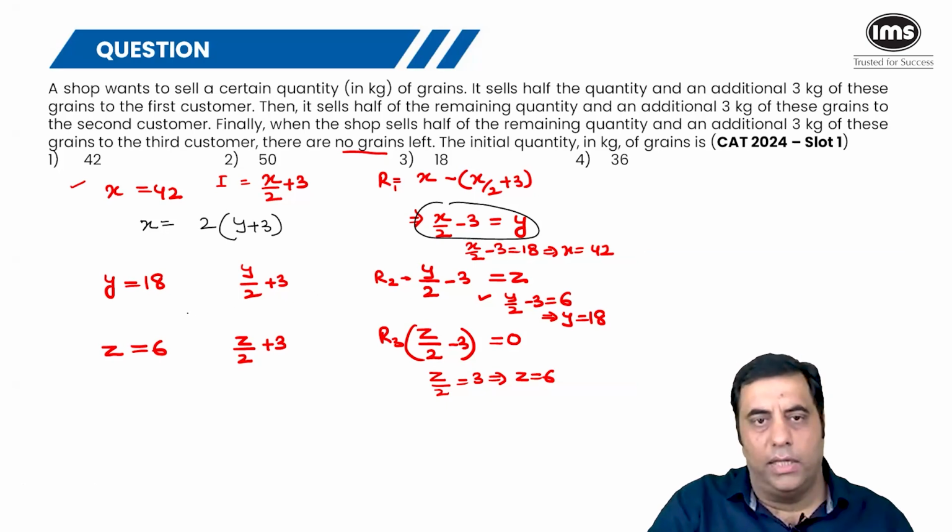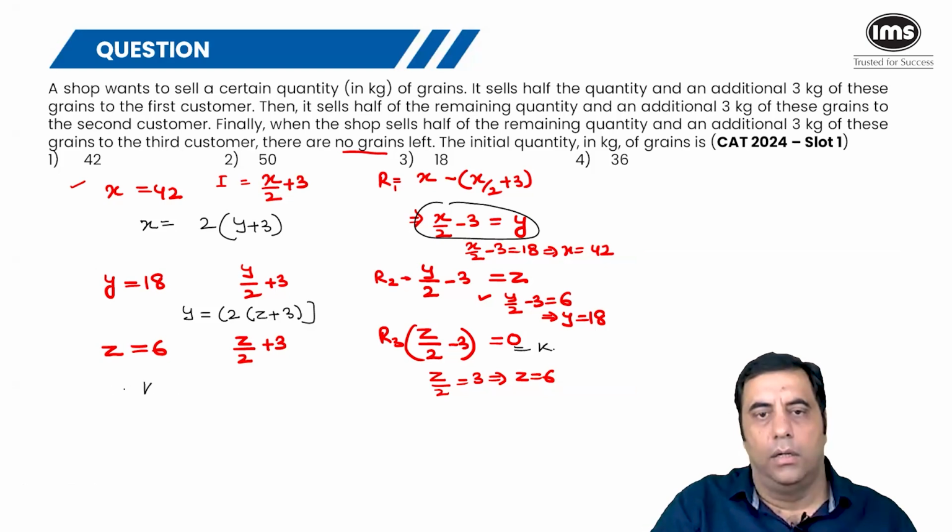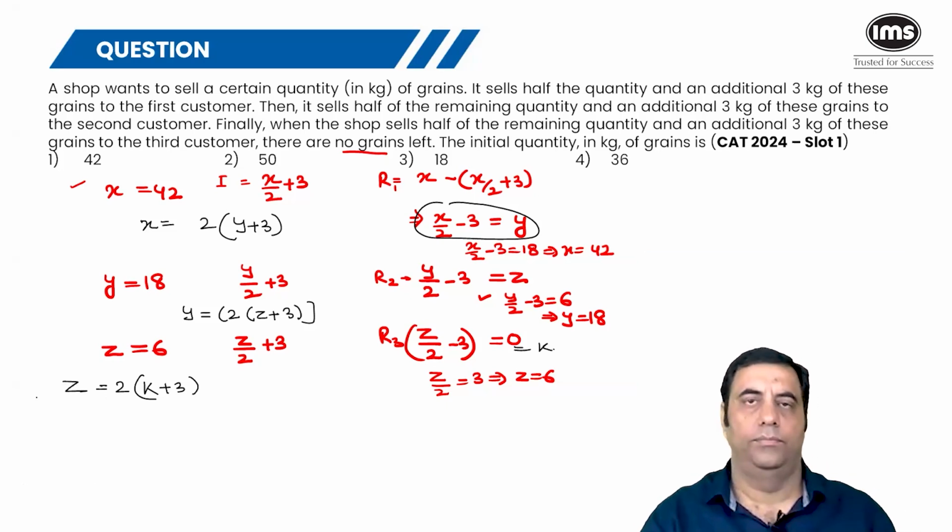Similarly here, y is equal to twice of z plus 3. Similarly, since the final quantity is 0, let's say it is equal to k, so you could have done k plus 3 multiplied by 2 is the value of z.